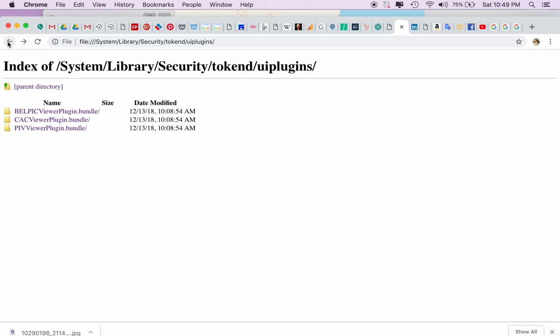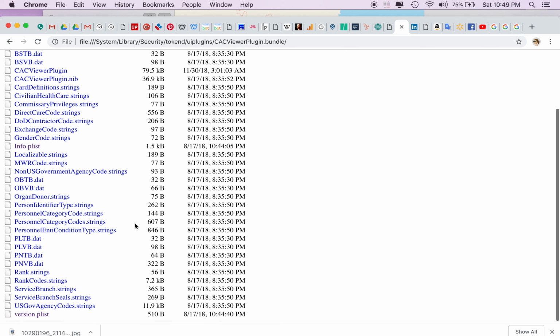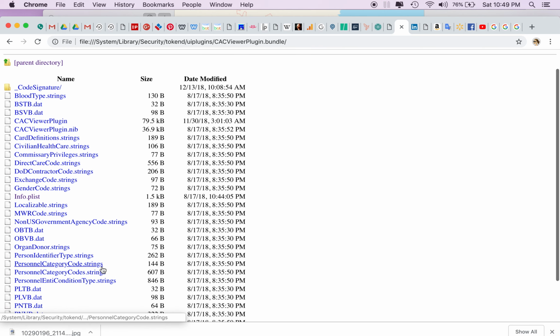But then I go into the CAC one and there's all kinds of stuff about blood types, civilian health care, direct care codes, DoD contractor codes, gender codes, non-U.S. agency government strings, organ donor, person identifier type, all kinds of stuff, which is a little bit creepy. I mean, blood type.